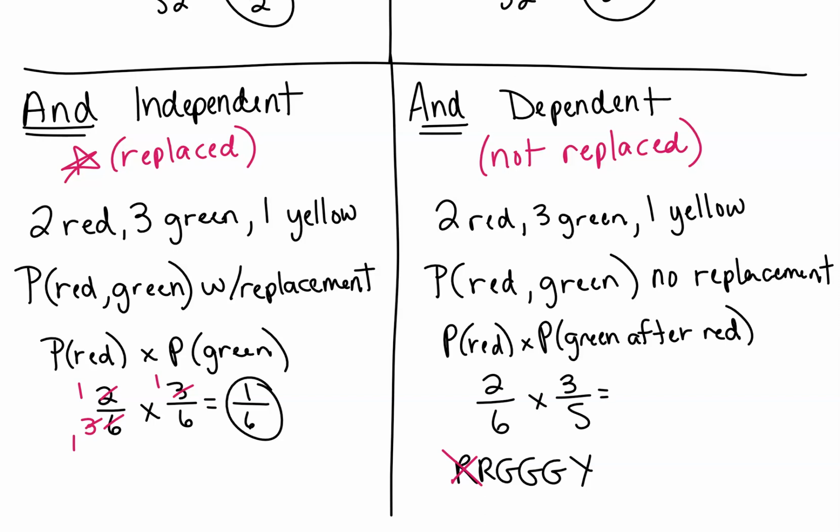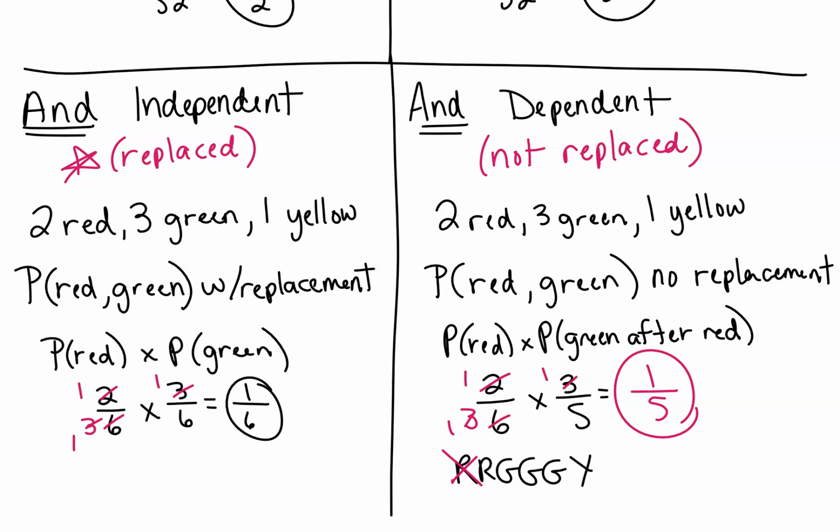We're still going to simplify before we multiply. So the 2 6 simplifies to 1/3. We're going to simplify those 3's again to 1 and 1. Now we're left with 1 times 1 on the top and 1 times 5 on the bottom. So the probability is 1/5.